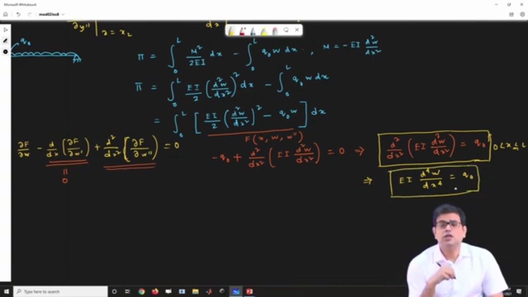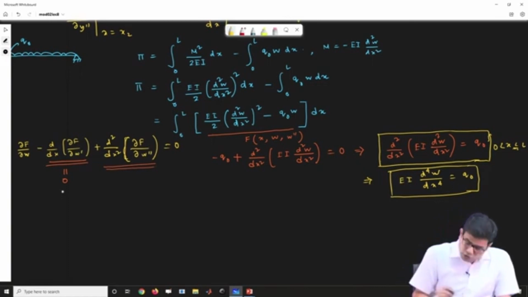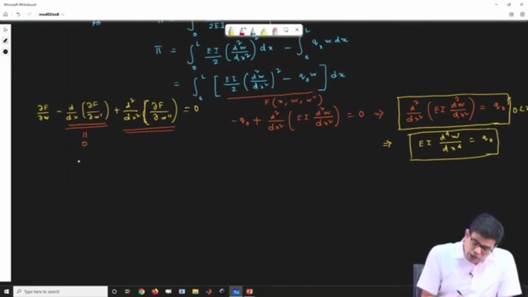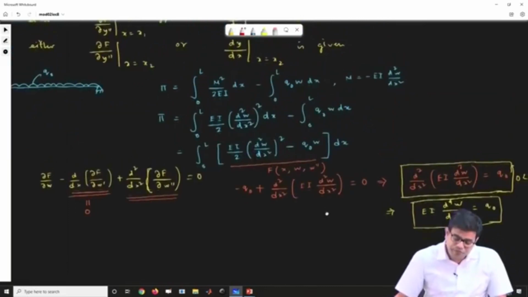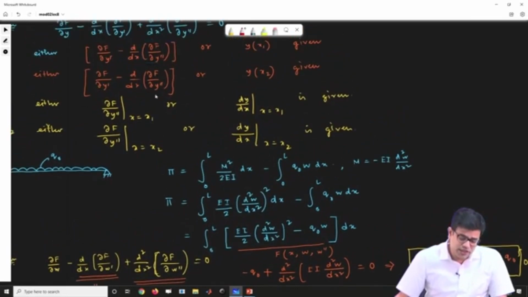We have found the solution of this equation by the double integration method and other methods. Now, let us come to the boundary conditions. Let us see the consequence of the first boundary condition.